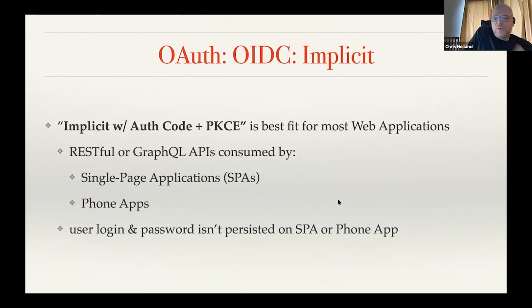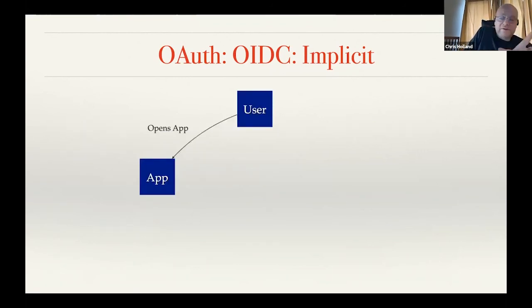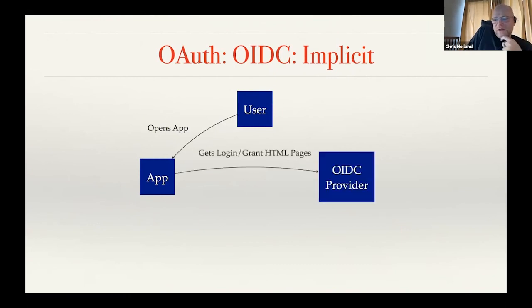So the way it works at a very high level, you have your user who may open the phone app. And when the app opens up, it redirects the user into a web browser to the OpenID Connect provider, which gives them an HTML page that says, hey, do you want to authorize this application to use all your things? And if you say yes, it's going to send back an ID token using a redirecting mechanism back to the application.